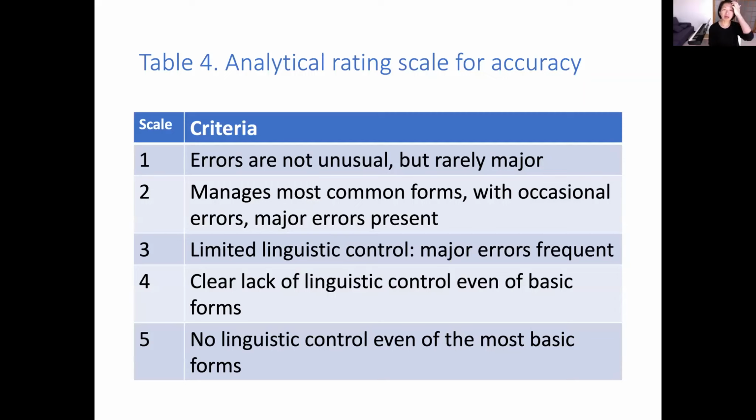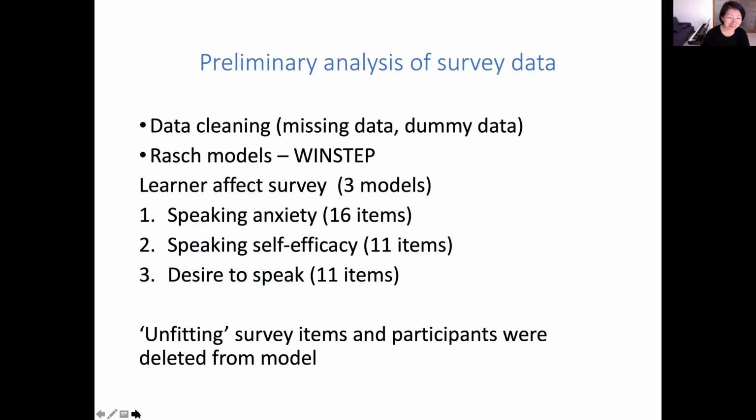So scale 1, there are a lot of errors. 2, they can manage most common forms. 3, limited linguistic control. 4, clear lack. And 5, no linguistic control. Okay, I'm sorry, the scale is the other way around. Other way around, please. Okay, my mistake.